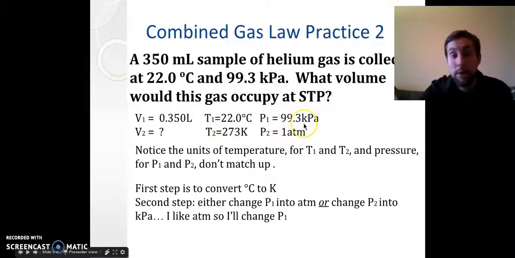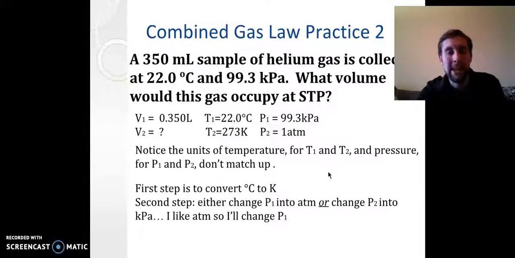Now there's no set pressure it has to be for our combined gas law. So we could either take pressure 1 and turn this one into atmospheres, or we could take atmospheres and turn them into kilopascals. I like atmospheres as just my go-to unit, so I'm going to turn pressure 1 into the same unit as pressure 2, into atmospheres.